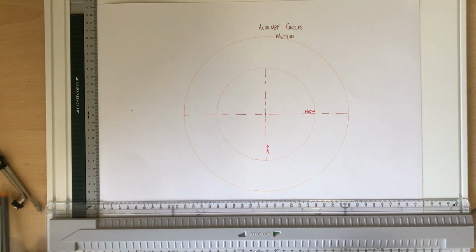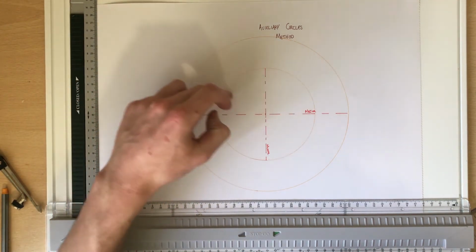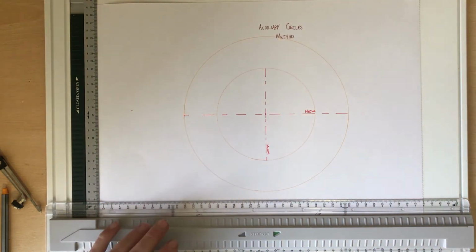So the next thing we want to do is to draw lines that cut both these circles, just at any angle.